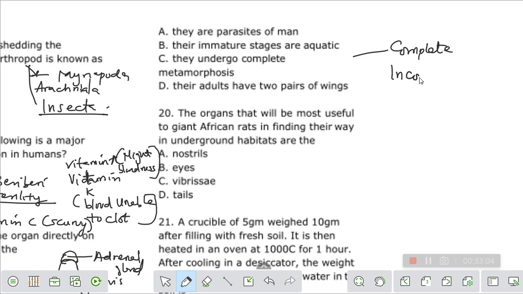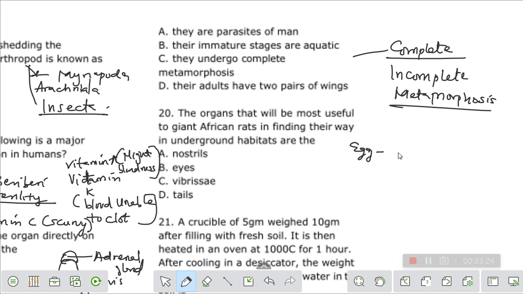What do we mean by complete metamorphosis? Metamorphosis has to do with the stages in which insects move from egg to larva, to pupa, and finally to the adult stage. In incomplete metamorphosis, instead of having 4 stages, they will have 3 stages. So one of these will not be there. I think the pupa stage will not be there.